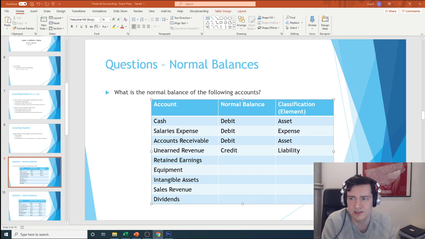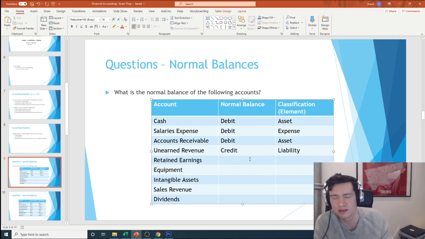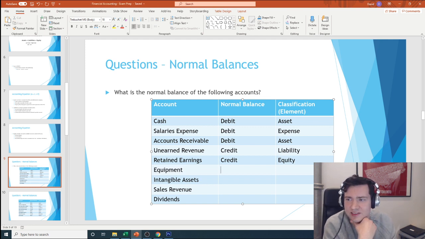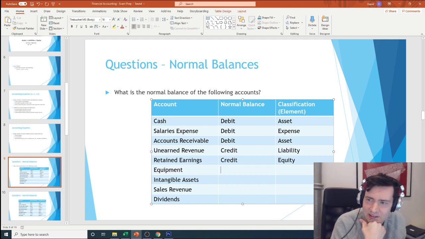Those reinvested equity and credit. That is correct. So yes, the normal balance of retained earnings is a credit because it is an equity account, and its classification is an equity account. Equipment. This is an easy one.